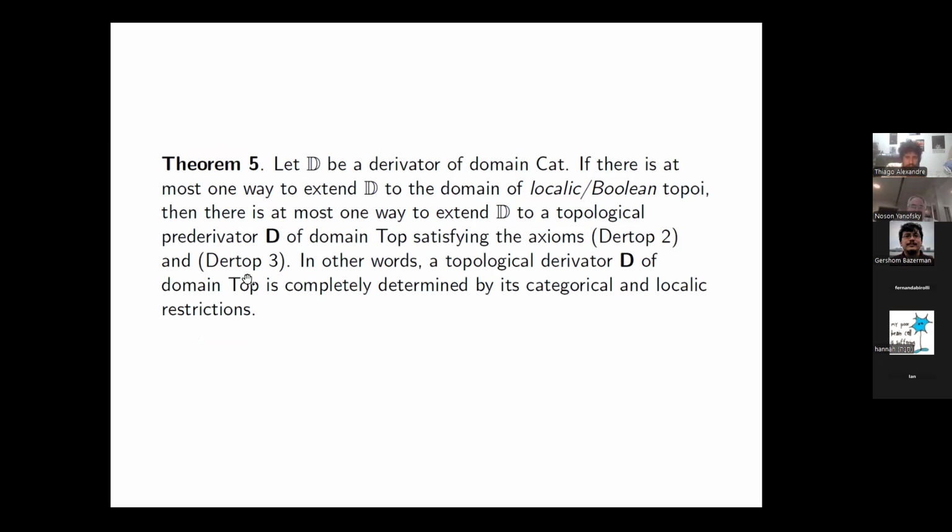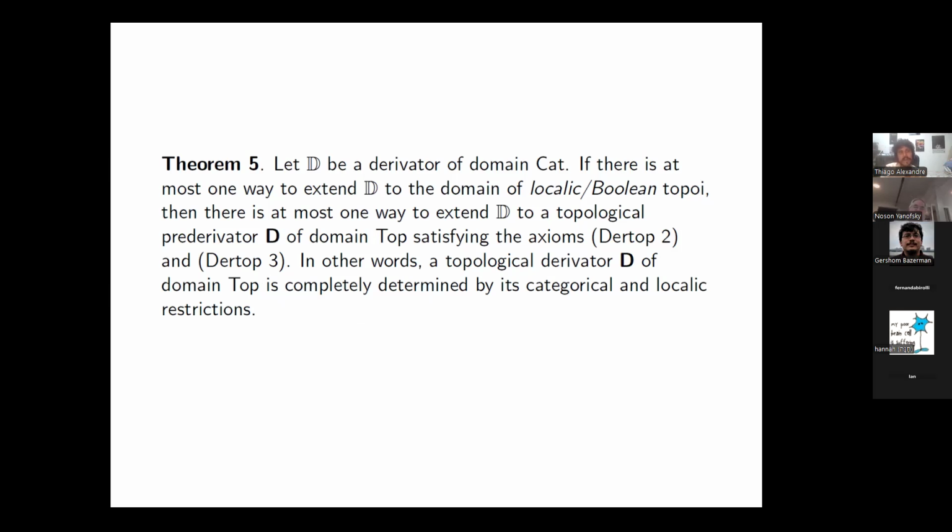Satisfying the axioms Der-top two and Der-top three. So, in other words, a topological derivator D over the whole 2-category of toposes is completely determined by its categorical and localic restrictions.